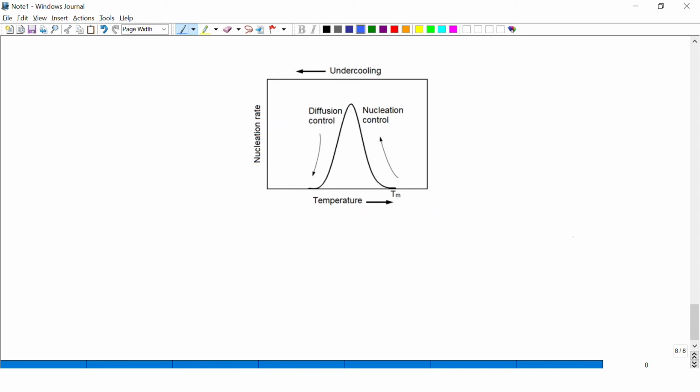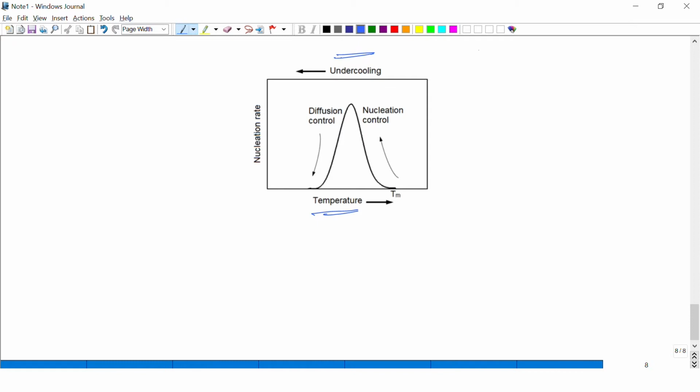Okay, so we will take that nucleation rate curve separately, where the nucleation rate is plotted as a function of temperature and undercooling. And we have also seen before that the temperature and undercooling, these are two interrelated parameters.